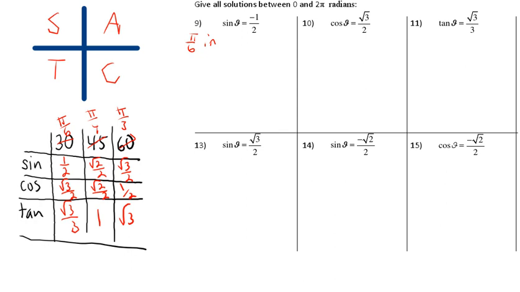All right, so I'm going to make a little sketch. I can be pi over 6 below the x-axis in the third quadrant, or pi over 6 radians below the x-axis in the fourth quadrant.